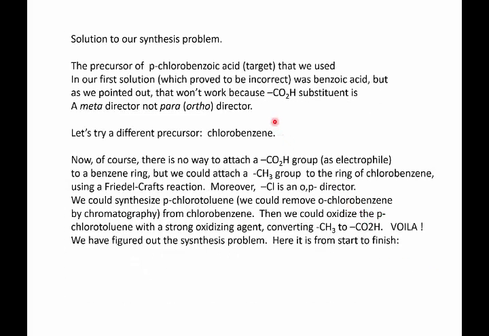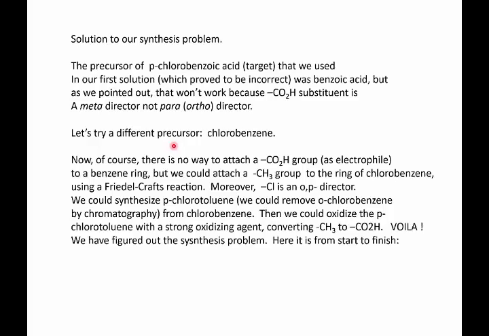So let's try a different precursor, chlorobenzene. I think you can see that you can make chlorobenzene from our starting compound, benzene, easily enough. Let's see if we can find a synthetic route from chlorobenzene to our target compound.